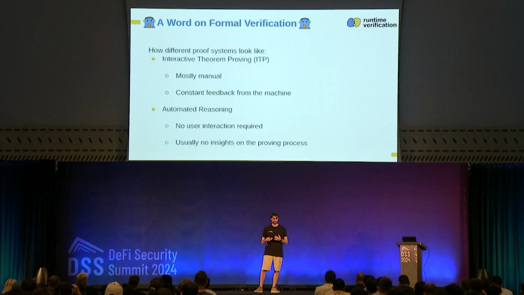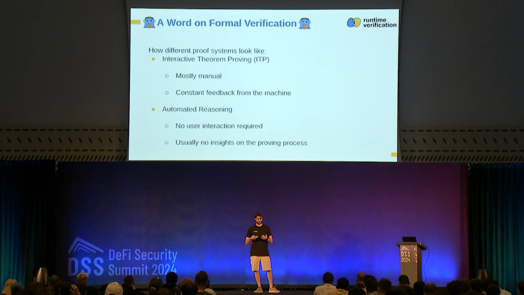Then you also have automated reasoning, which usually doesn't require any interaction, hence automated. It's also usually the case that you don't have any insight into the proving process. It's a bit like a black box, in the sense that you query it for a proof, saying, I want to prove that my function does something, and then it will say yes or no, but there isn't as much insight as with the interactive tools.